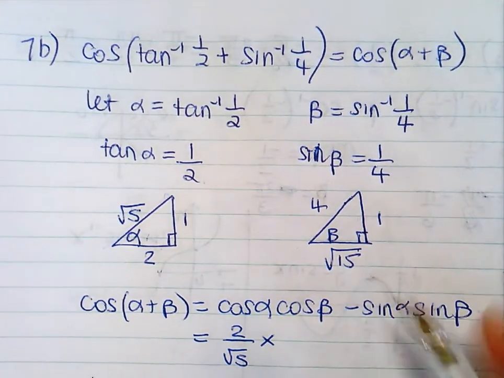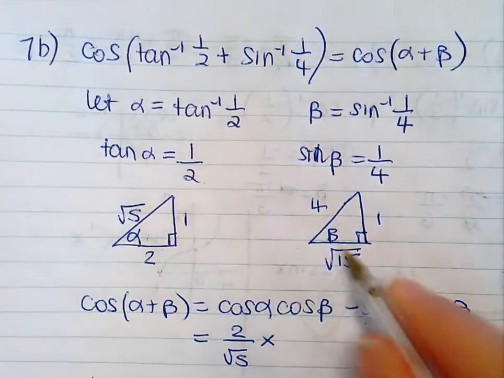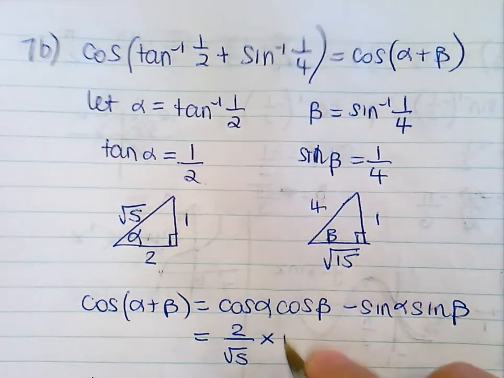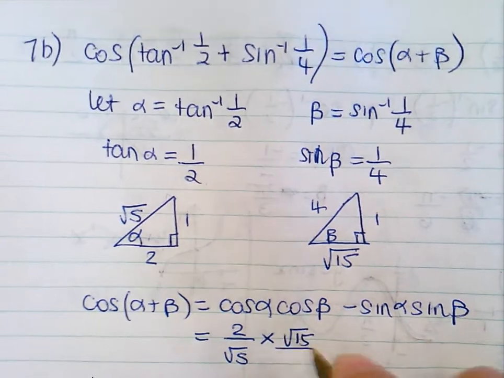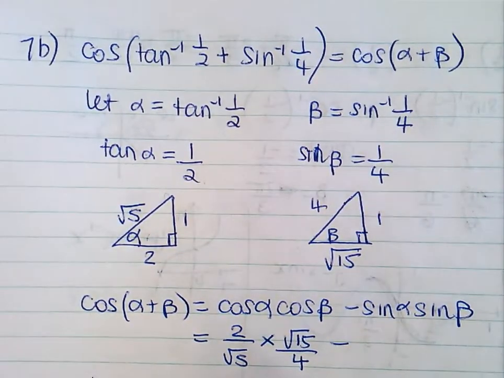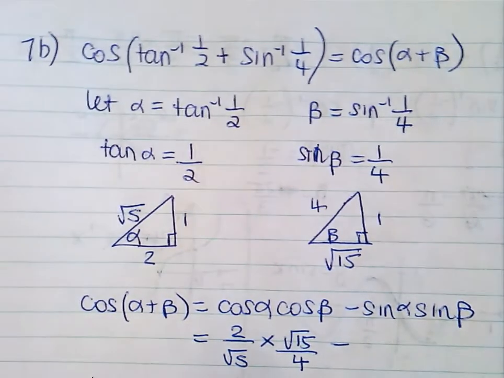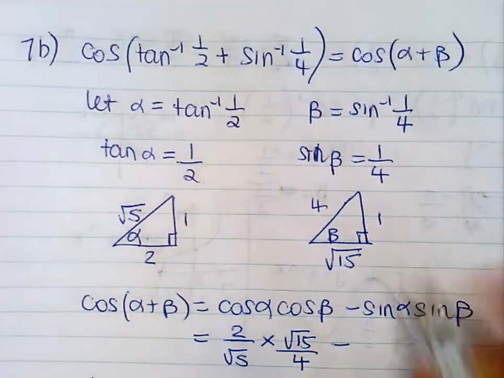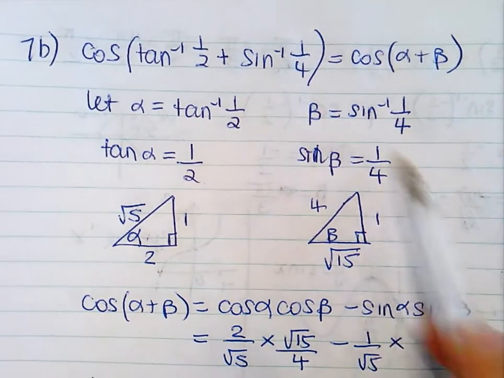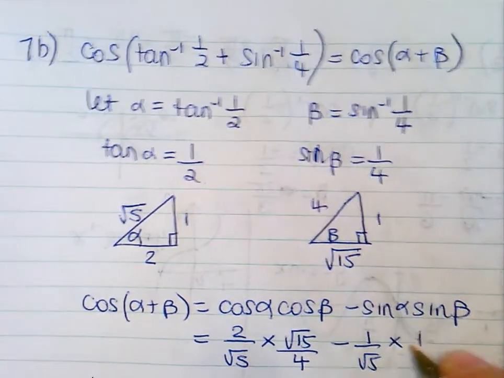Cos beta is telling me I need the beta triangle, which is root 15 on 4. Do we get it? Minus sine alpha, which triangle? The alpha triangle. What have we got? 1 on root 5. Sine beta is already given, but it is 1 on 4.